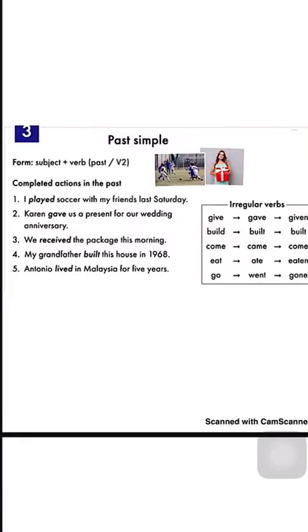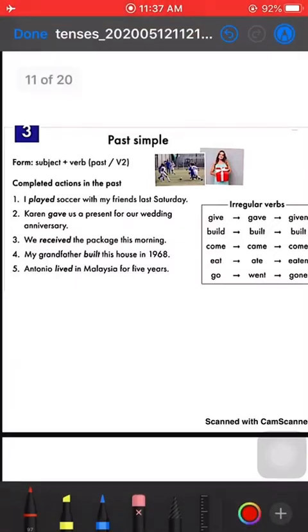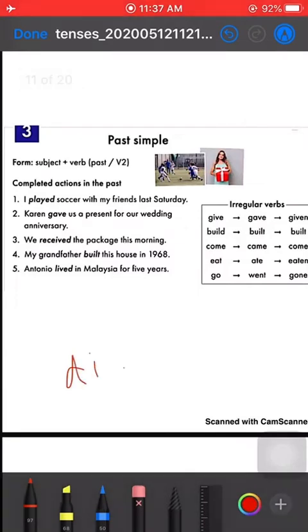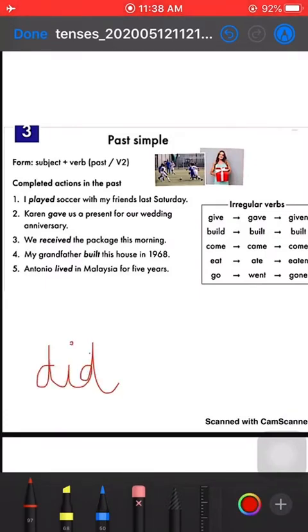Yes, in case we have to use the negative sentence, in that case you have to use did plus not. Did plus not. Yes, remember one thing more in the past.